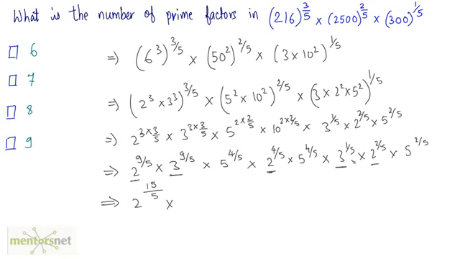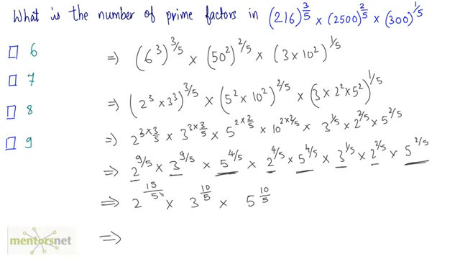So 3 raised to 9 by 5 plus 1 by 5. So 3 raised to 9 plus 1 is 10. So 10 by 5 times, I have the 5 here. So 5 raised to 4 plus 2 is 8 plus 2 is 10. So 10 by 5. Now things are coming under control.